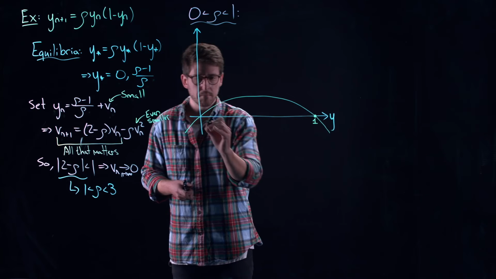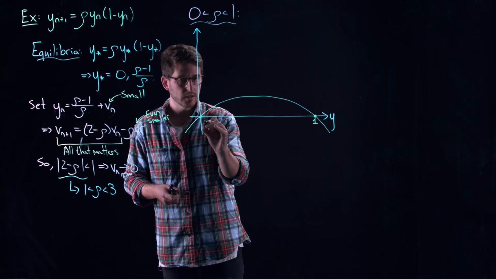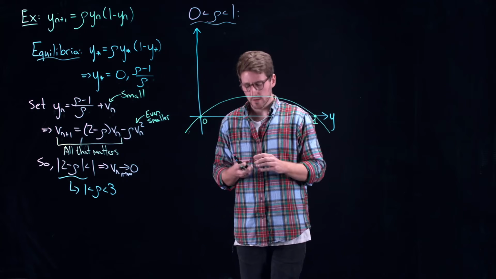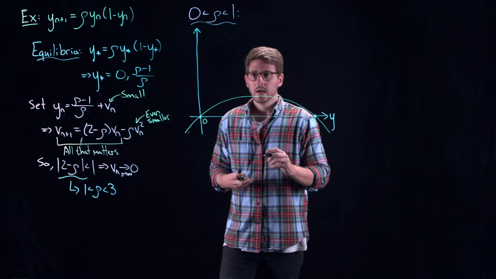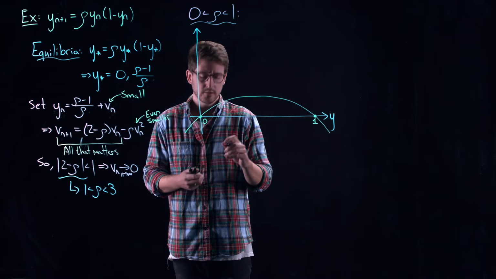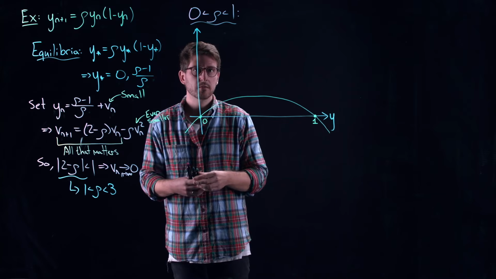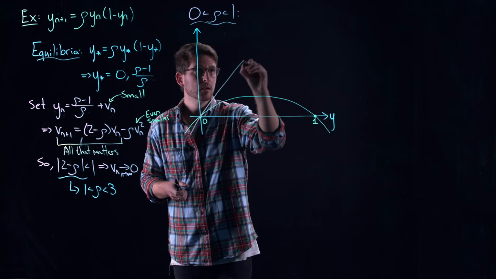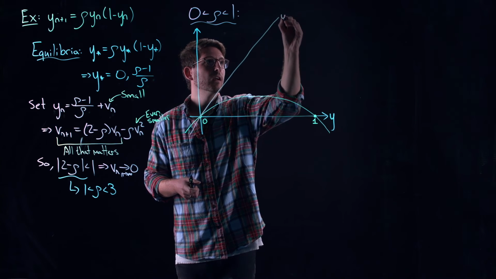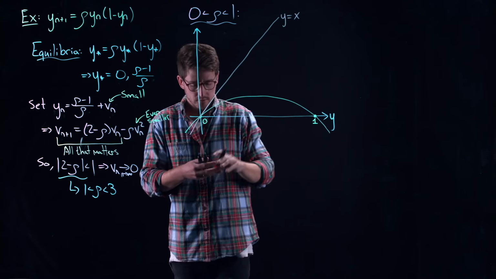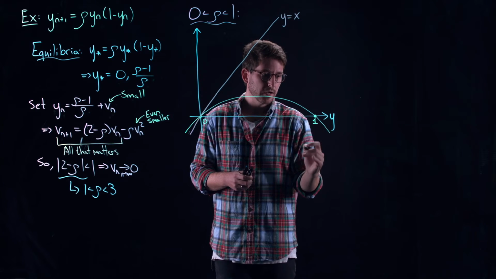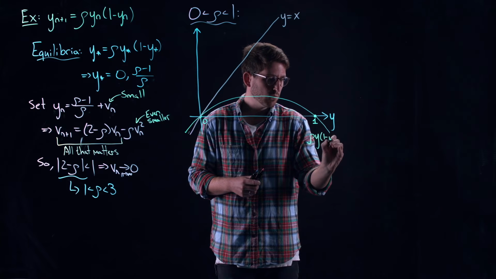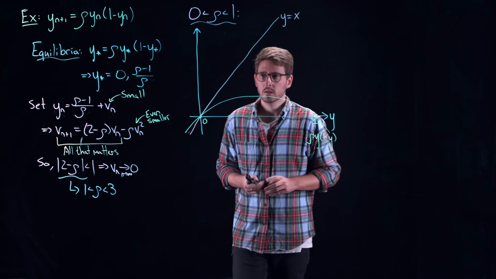You're wondering why I'm making it so small. I'll show you in a second. 0. Now, in order to draw a cobweb diagram, I need to also plot the line y equal to x. So in my case, that's going to be this line, y equal to x. And I should label this as well. This is my logistic function, rho y times 1 minus y. Okay?